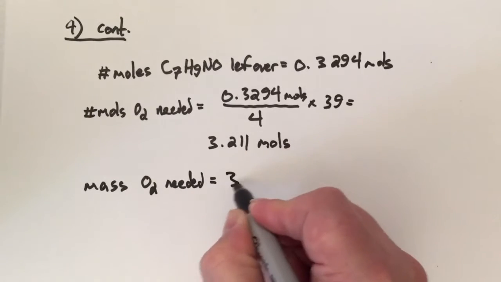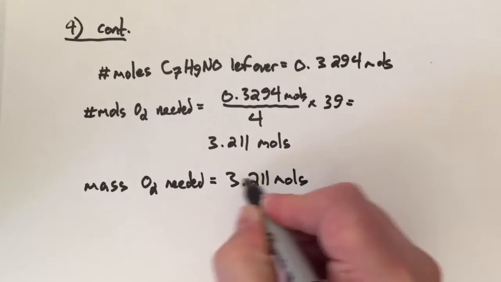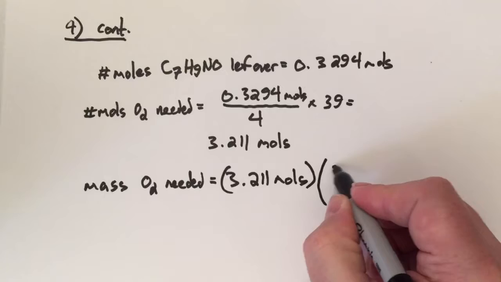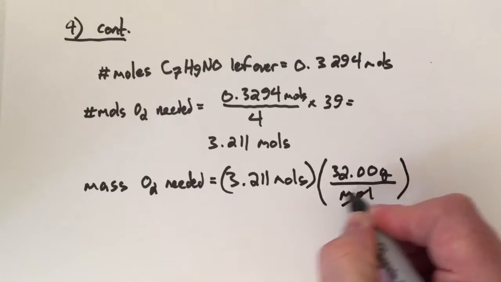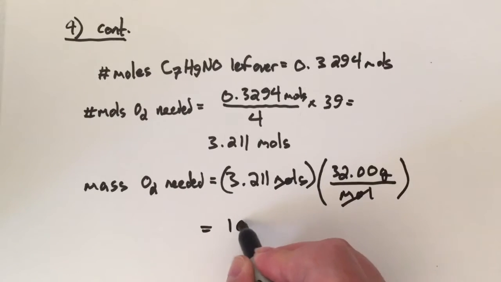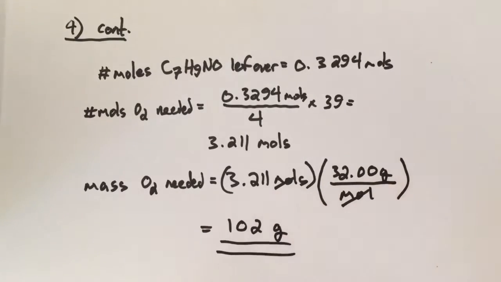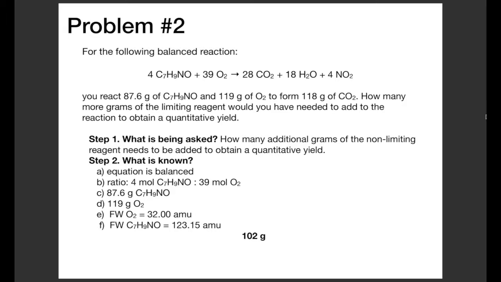The mass of O2 that we need is just those number of moles times its formula weight, 32.00 grams per mole, which equals 102 grams. We obtained a value of O2 that we need of 102 grams.